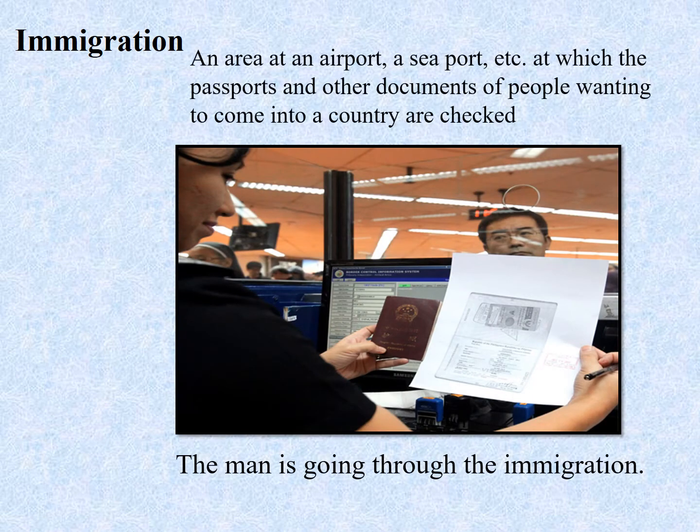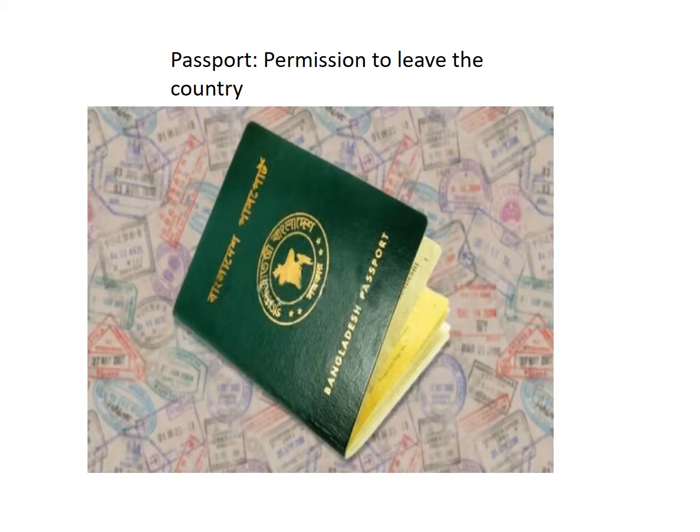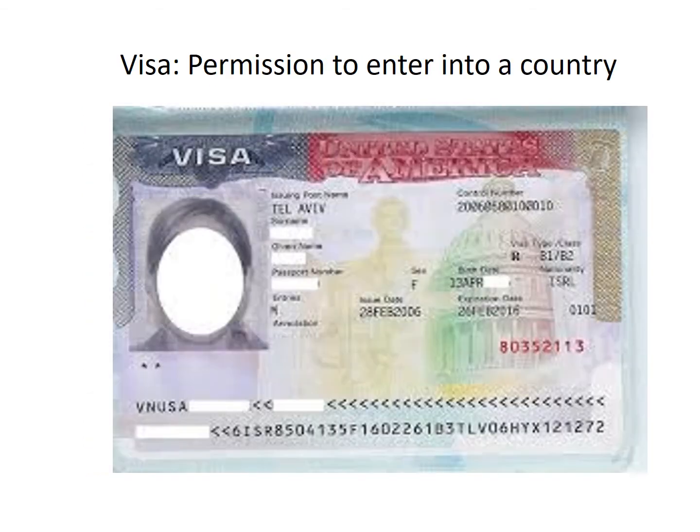Immigration is an area at an airport or at a seaport where the passports and the other documents of people wanting to come into a country are checked. The man is checking the documents. That means he is going to the immigration. Passport. Passport means permission to leave the country. Visa. Visa means permission to enter into a country.